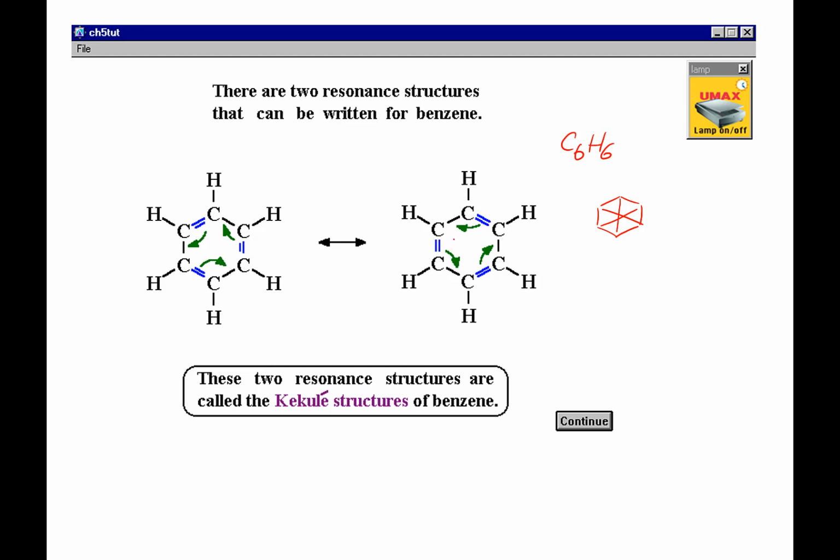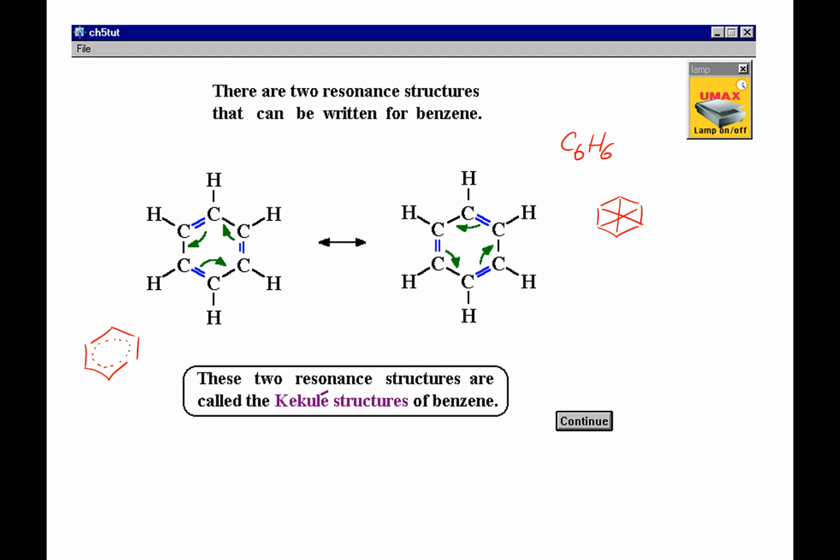Of course, now we know that they're resonance structures of each other, and the real resonance hybrid of those two would have dotted lines on all the bonds, and that makes a circle. So that's why you see benzene ring with the circle in it.